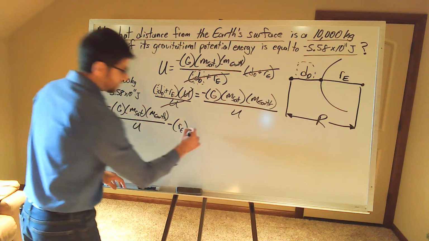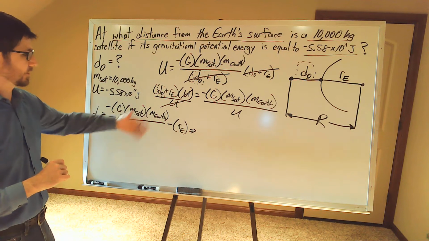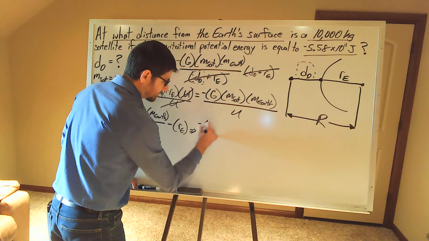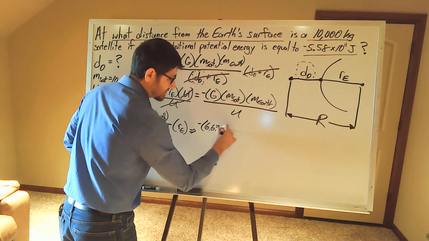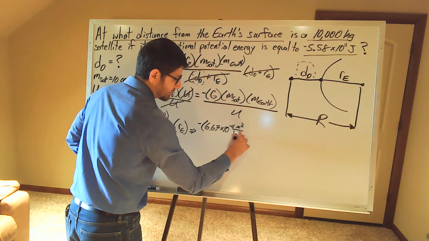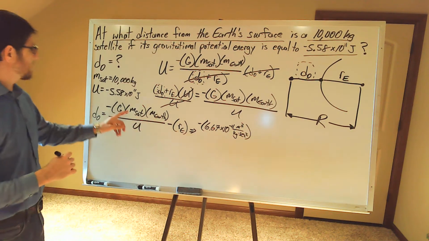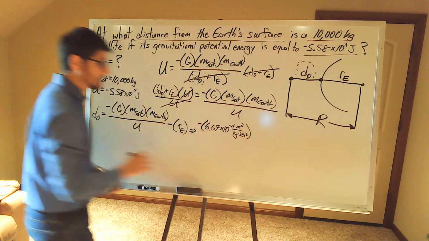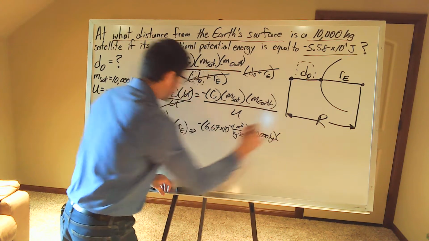Okay? So what I want to do is start filling in values, and then we're just going to do our algebra step by step. So in my numerator, negative universal gravitational constant is 6.67 times 10 to the negative 11th meters cubed per kilogram seconds squared. Then we have mass of the satellite, and the problem tells us that it's 10,000 kilograms.